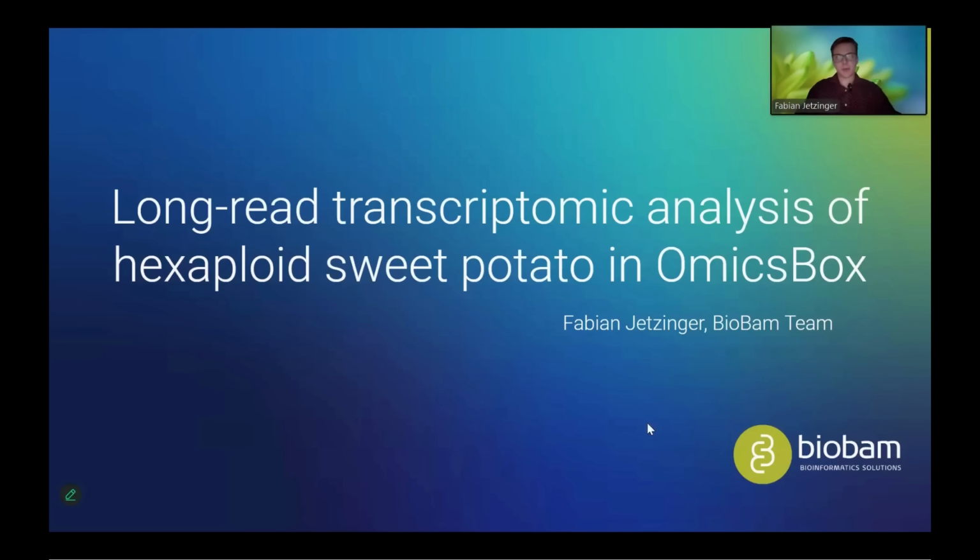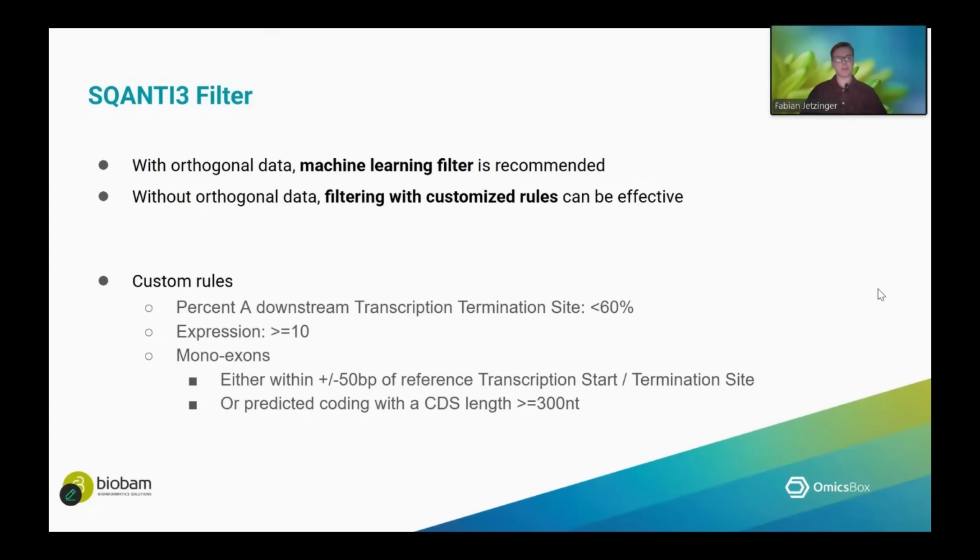Actually, first, I would like to discuss in a little bit more detail the filter that we have just introduced. As I have mentioned, we have a customized set of rules that we have used because we don't have access to orthogonal data.